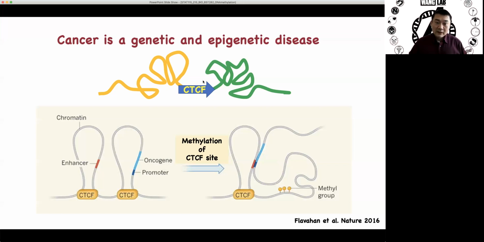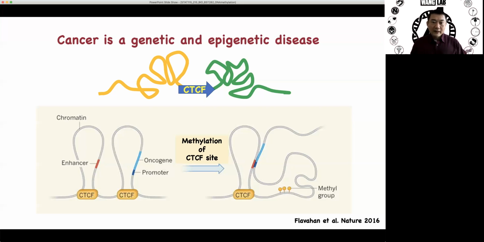But in cancer, sometimes the CTCF site methylation level goes up, and then CTCF doesn't bind anymore. As a result, these two otherwise unrelated domains start to interact. In the domain on the left there's a strong enhancer, and in the domain on the right there's an oncogene. Now this enhancer touches the oncogene, resulting in oncogene upregulation, and that actually leads to glioma.